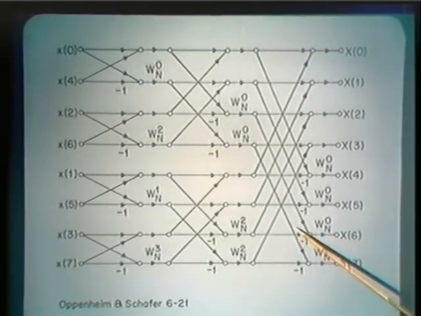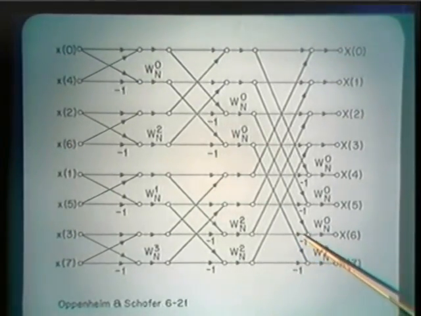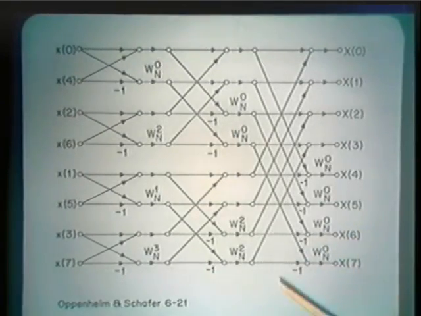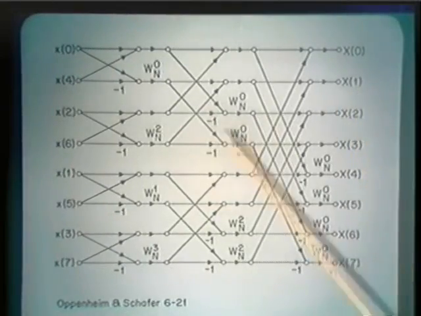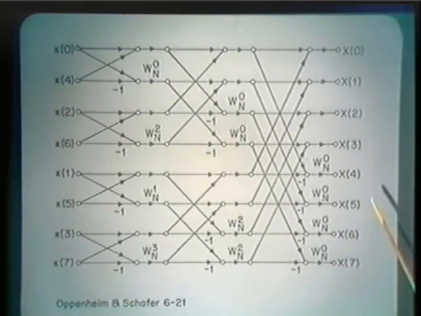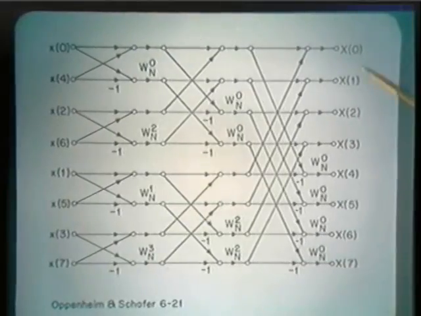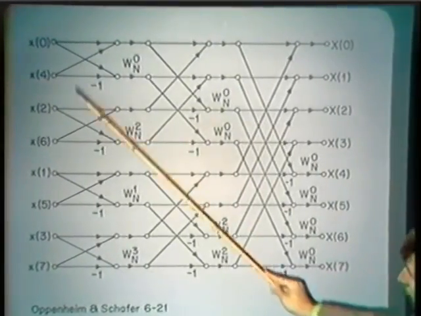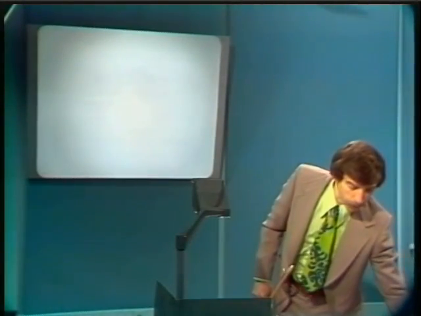Again, this is a transposition of one of the flow graphs that we discussed in the previous lecture. In particular, if you imagine this flow graph being transposed so that the direction of the arrows are reversed and this is the input, then it corresponds to the decimation-in-time form of the algorithm for which the input is in normal order and the output comes out in bit reversed order, and that is the flow graph that I have indicated here.